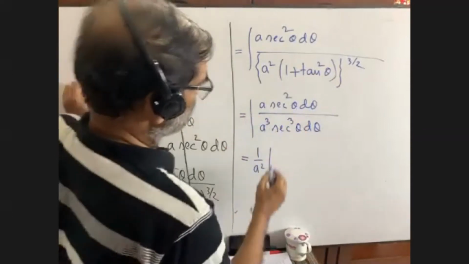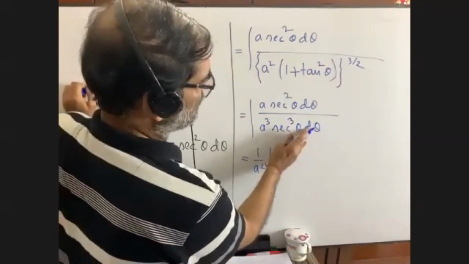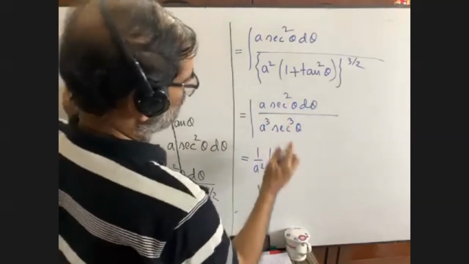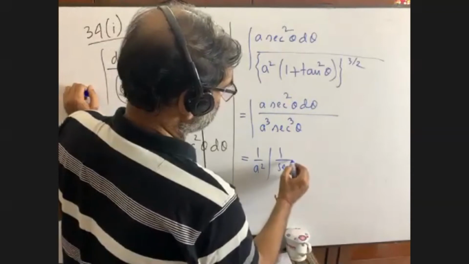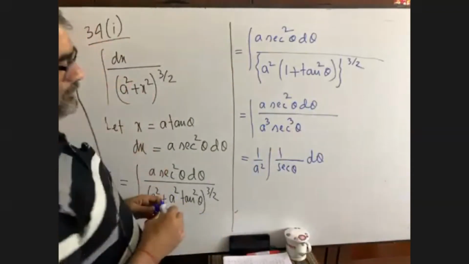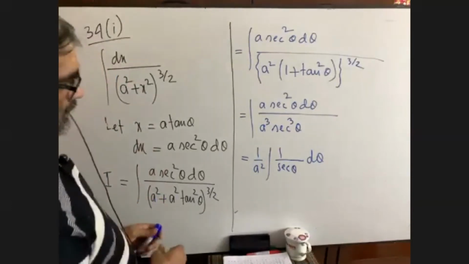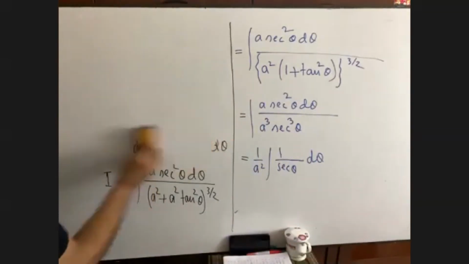And we are getting only here what? Oh, it is not d theta. This d theta will not be written. I'm sorry for that. So it is 1 by sec theta, d theta. Hello, everybody. Yes sir. Now let me know what is 1 by sec theta.